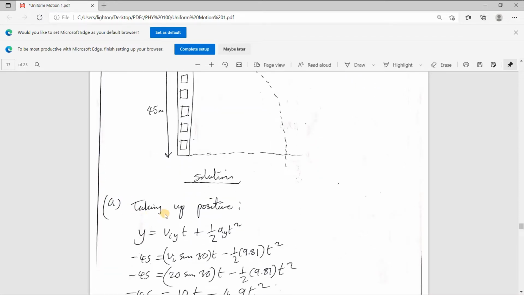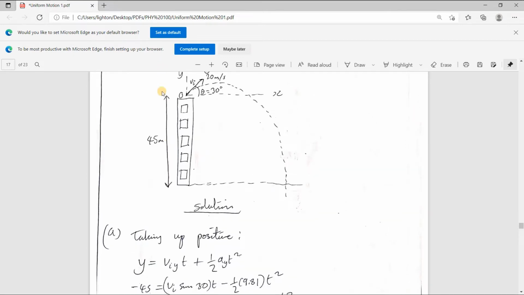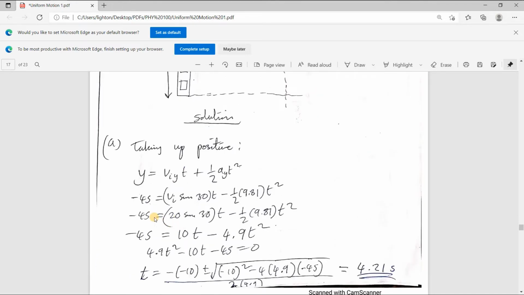Taking up as positive, that's what we state first. Now y is just this displacement, which is below the origin, which is down. So, taking up positive, y is equal to v_iy t plus half a_y t squared.